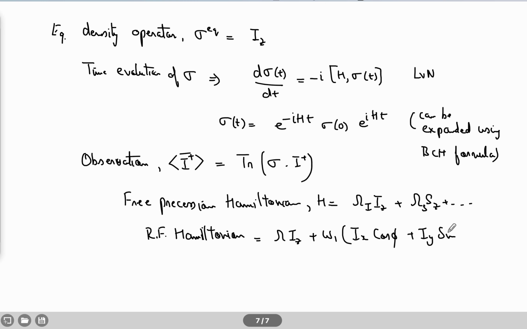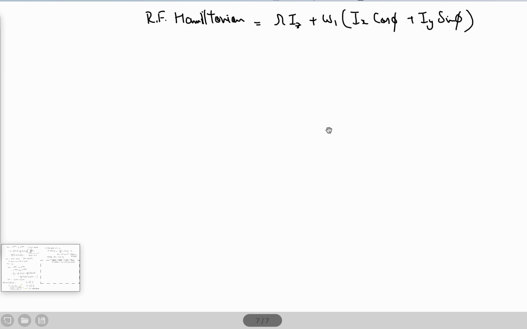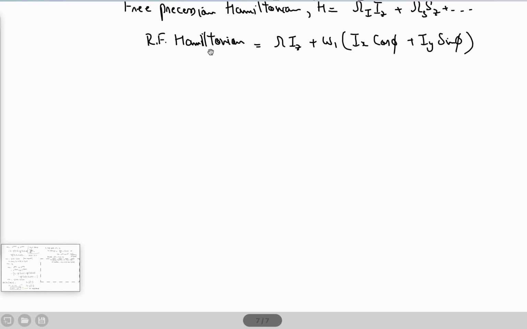So given this, you should be able to calculate the result of any particular NMR experiment. Of course, we have not discussed yet the Hamiltonian for spin-spin coupling, for example, or the Hamiltonian for relaxation. So that we'll try to cover in later classes.